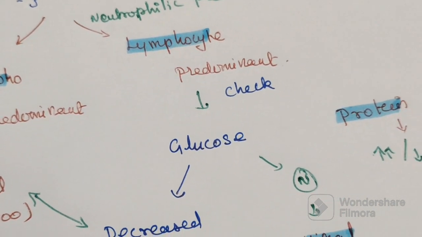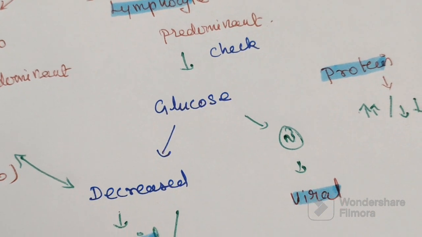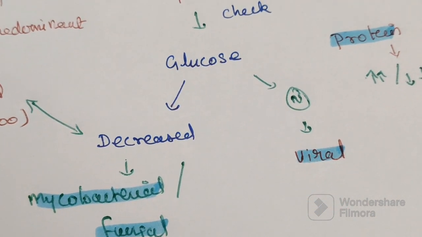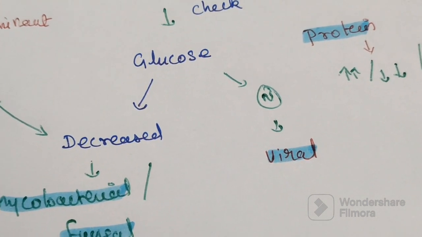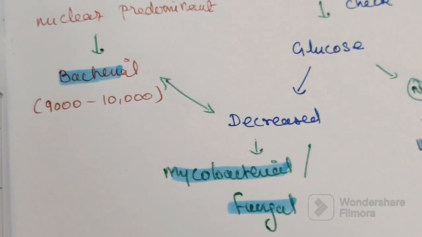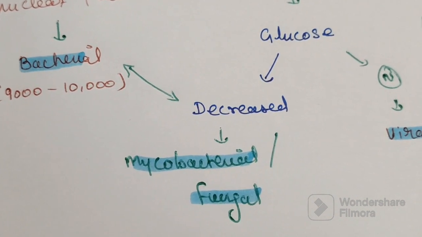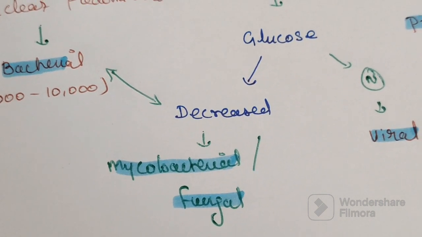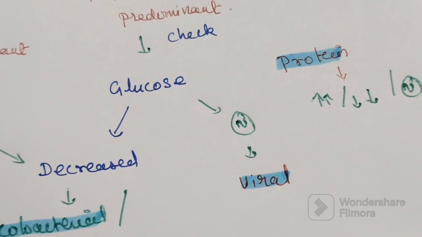If glucose is decreased, it is mycobacterial or fungal. If it is normal, it is viral. So in bacterial, and also in fungal and mycobacterial meningitis, the glucose level is decreased.